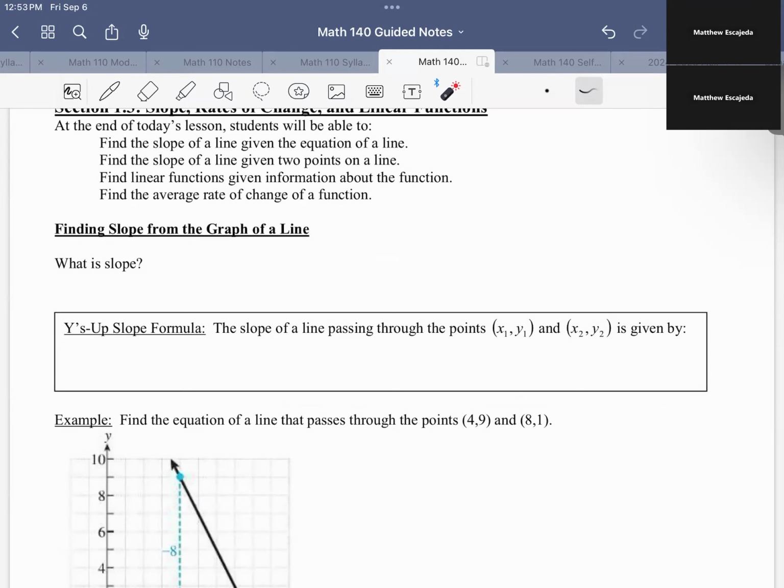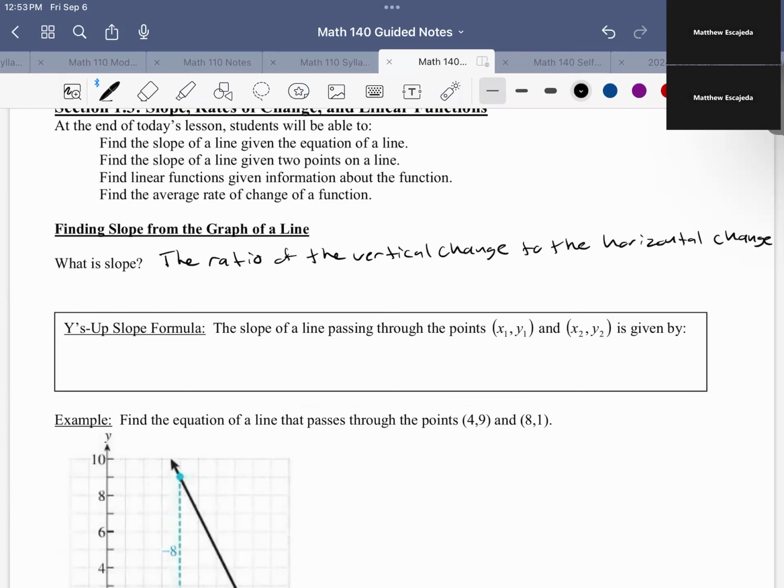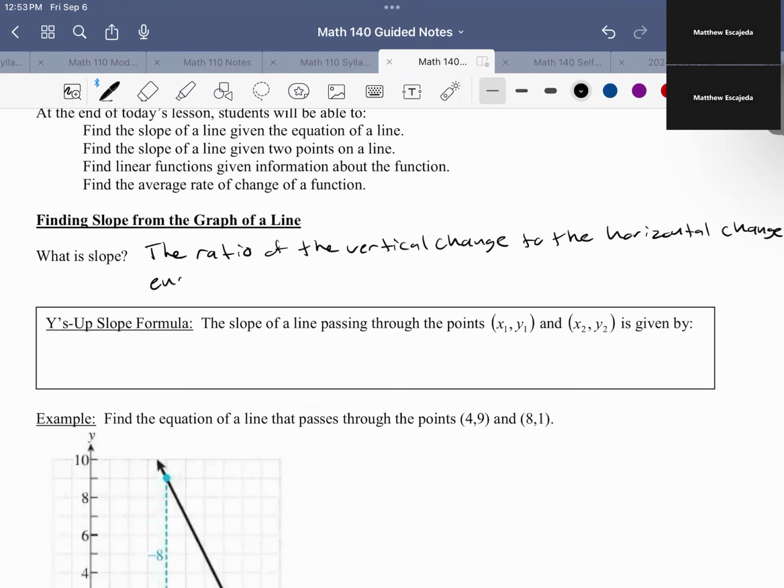There are many ways you can interpret a slope, but really a slope is the ratio of the vertical change to the horizontal change encountered when moving from one point to another on a line.